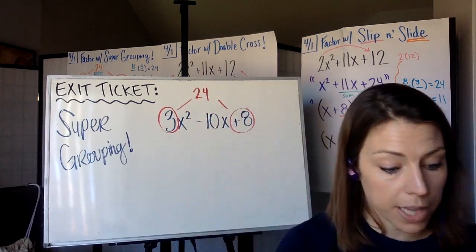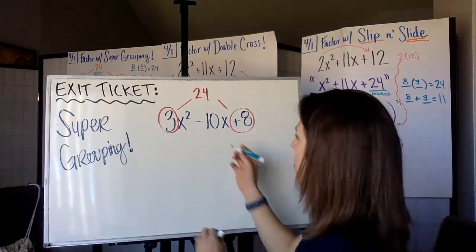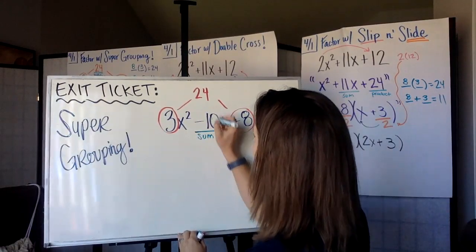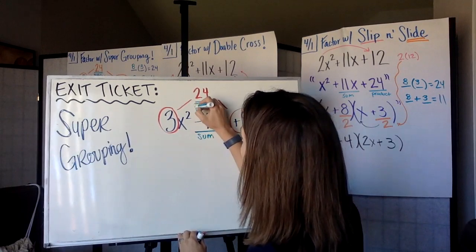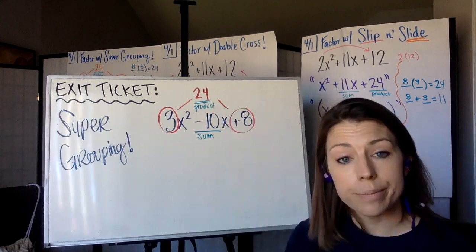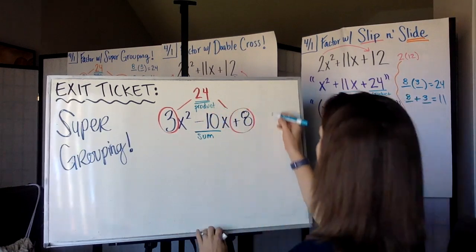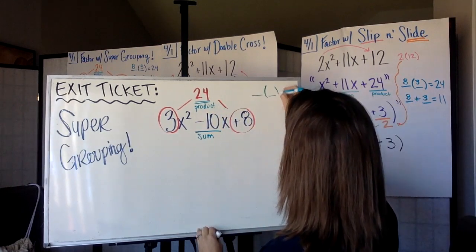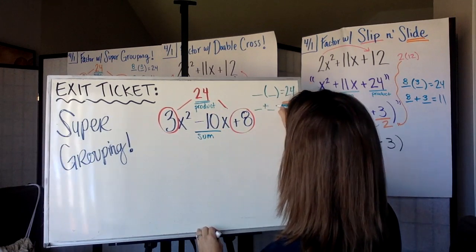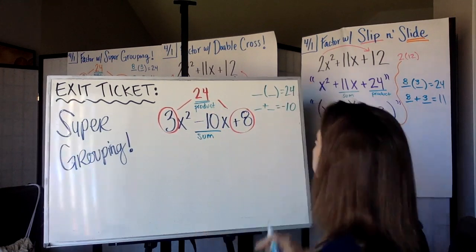So now it's what two numbers have a sum of -10 and a product of 24. What times what equals 24, and what plus what equals -10.